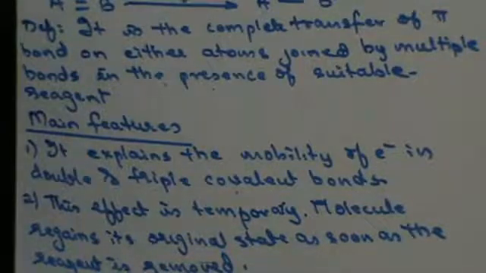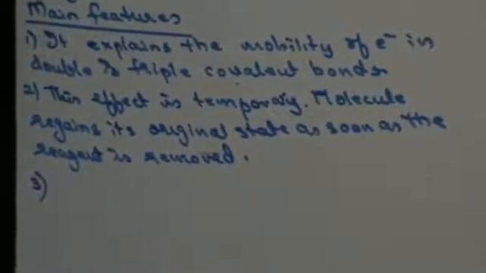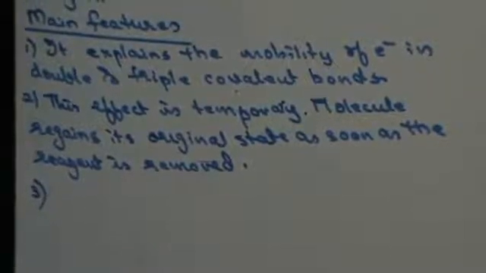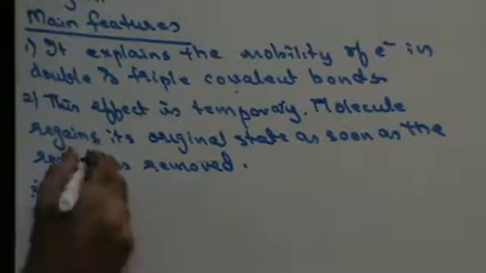Right? Next, in this there is a complete transfer of the pi bond, and a whole positive unit and a whole negative unit charge gets developed on the respective atom because of the complete transfer of the pi bond electrons. Right?